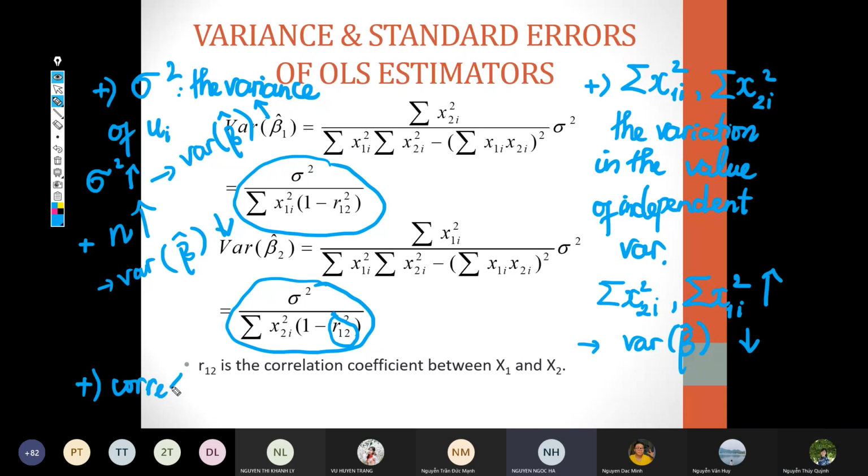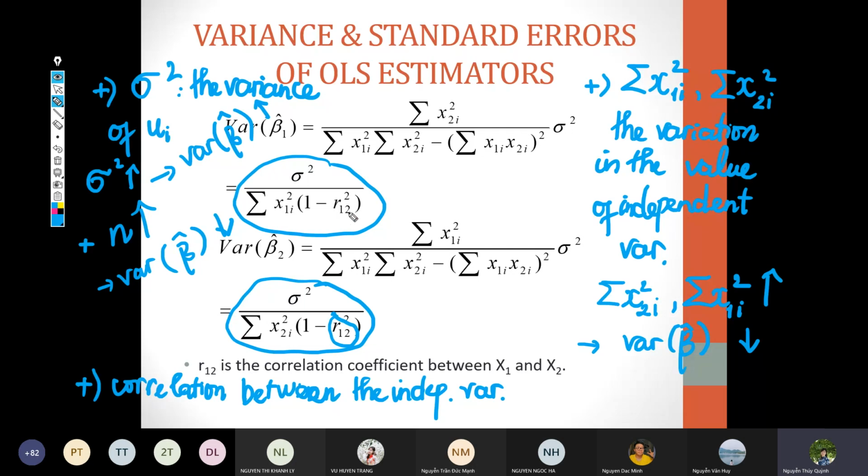Look at the formula when we have higher correlation.